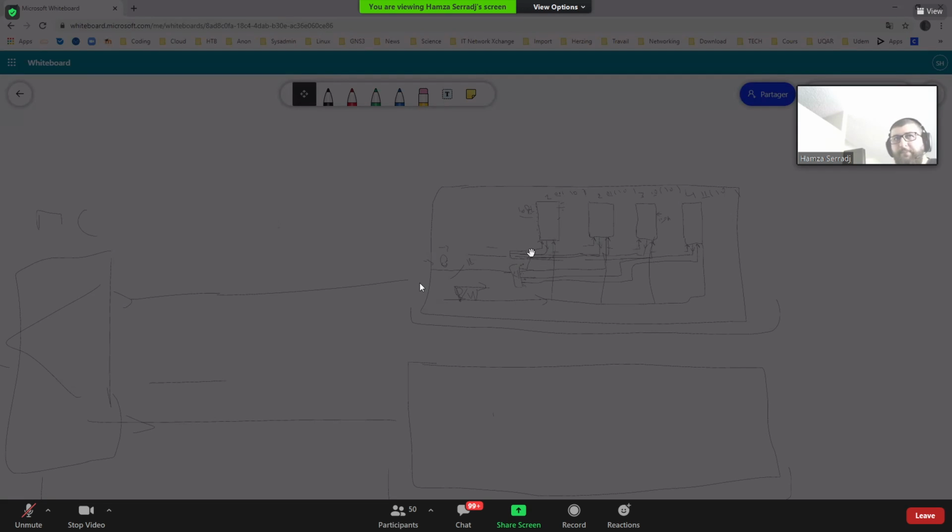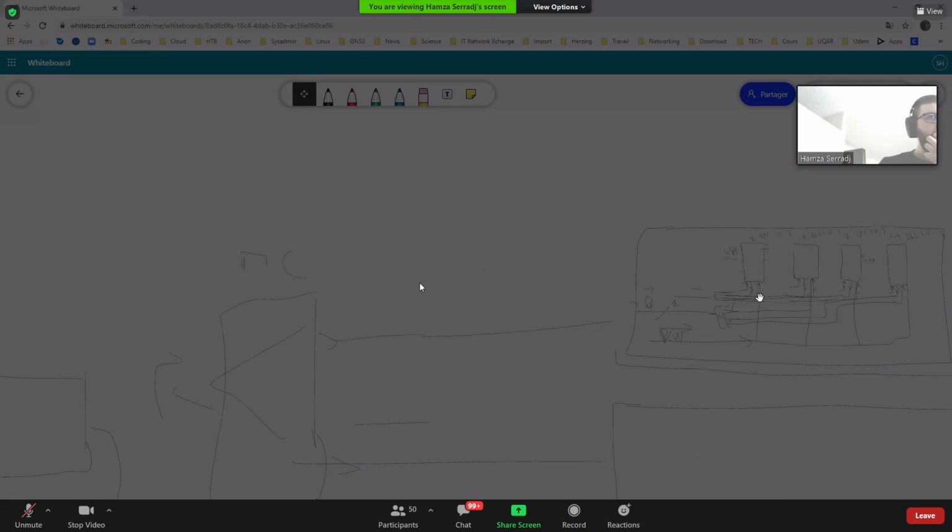So the width of the bus here will be 32 instead of my 12. See the 12 here? I'm going to use 32, with a multiplexer with many chips, and so on and so on.